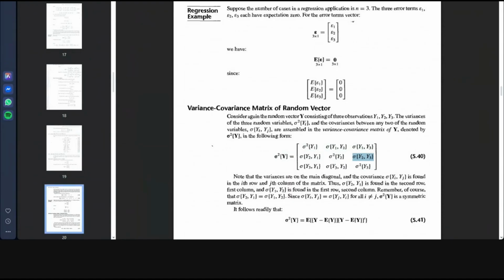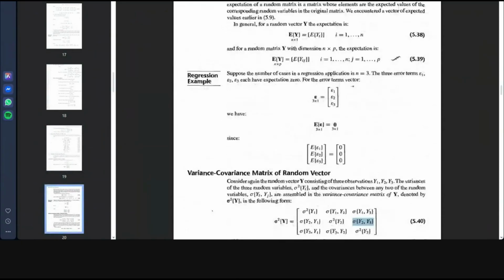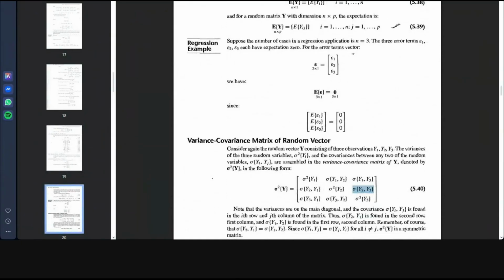This is not as intuitive as the expected value of a random vector. That one's pretty obvious; you just take the expected values. But the covariance matrix highlights the variances in the diagonal, yes, and the covariances in the off diagonals. One important thing to note is that it is an assumption in a linear model that all the responses, y1 to yn, are independent.